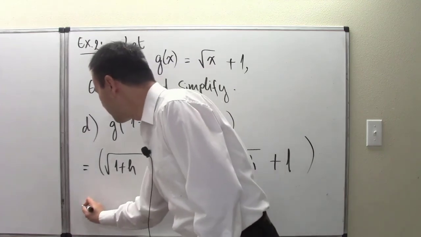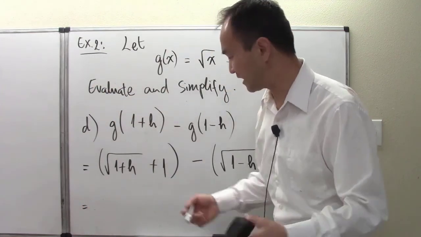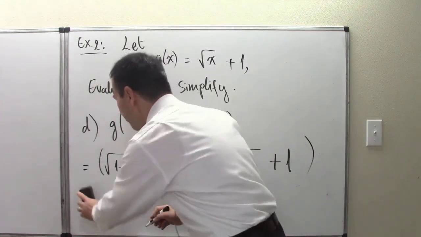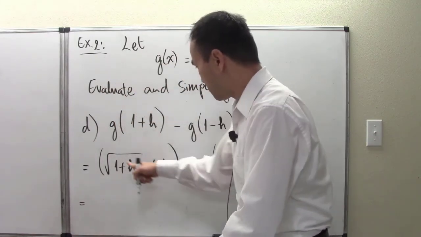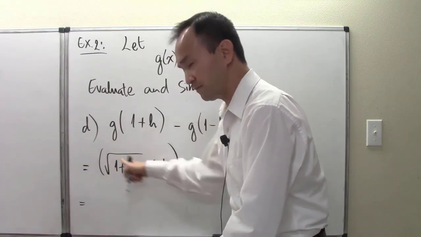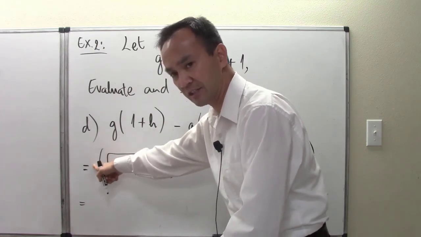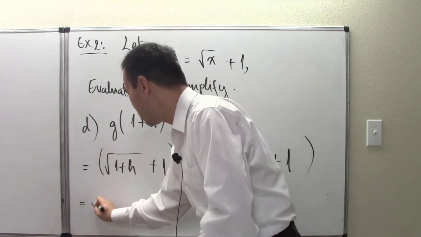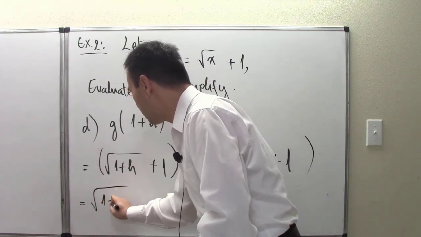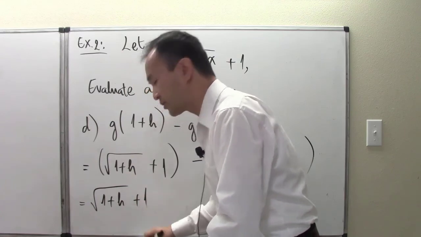And so now we are ready to take away parentheses and combine like terms to finally simplify our expression. In front of this first pair of parentheses, the sign is simply a positive sign, so we can just take away the parentheses without worrying about sign changes.